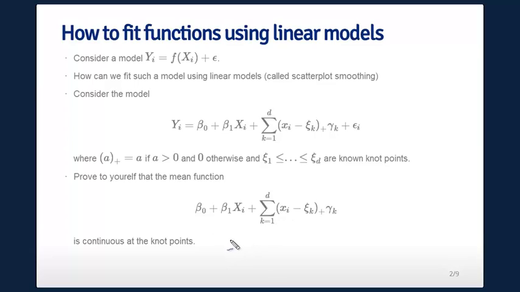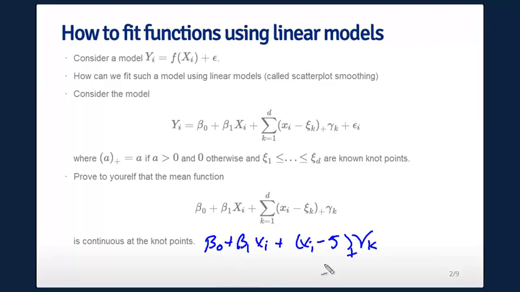And what I mean by that is, let's assume a knot point is 5. To prove it to yourself, just do beta naught plus beta 1 x_i plus (x_i minus 5) times gamma k plus, okay? And figure out what this line is as x goes to it from below 5, and then figure out where it's at as x goes to it from above 5, and you'll see that it hits at the same point.